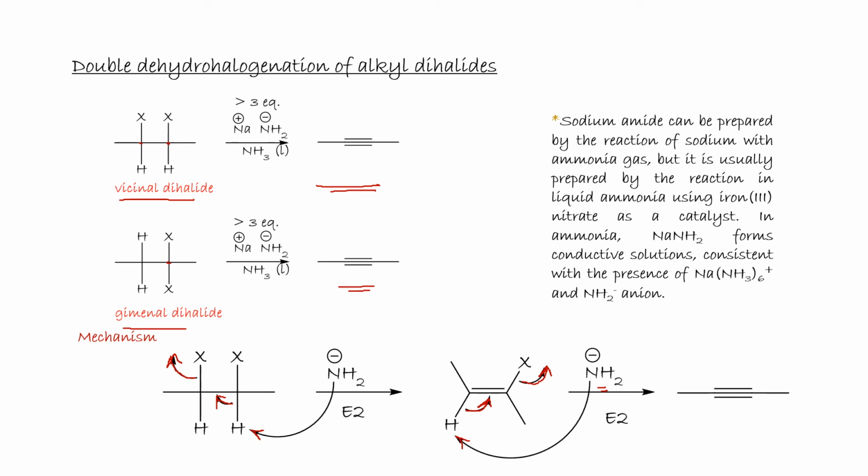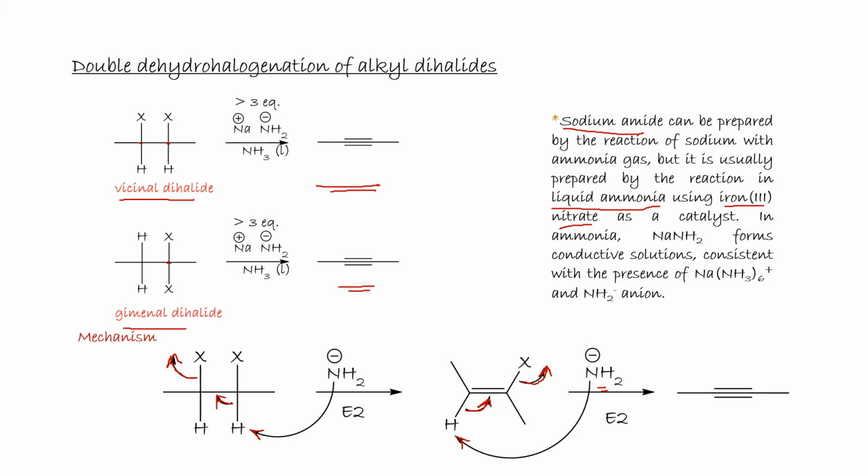Sodium amide can be prepared by the reaction of sodium with ammonia gas, but it is usually prepared by the reaction in liquid ammonia using iron(III) nitrate as a catalyst.